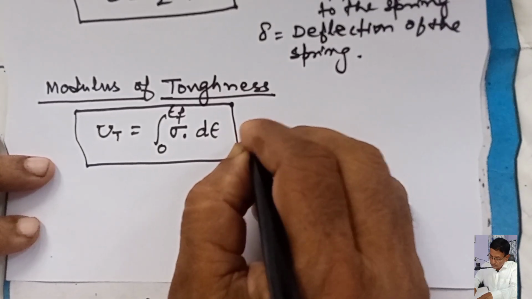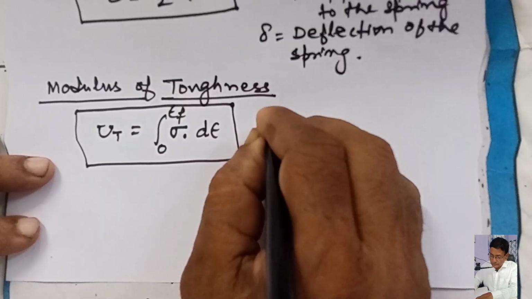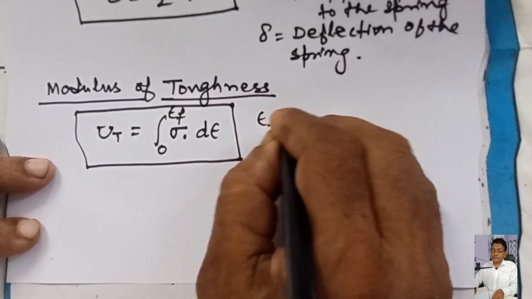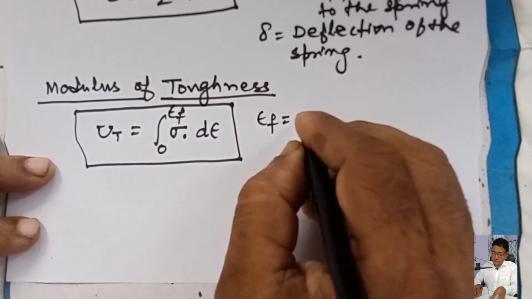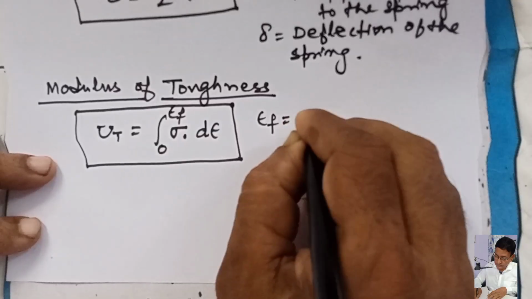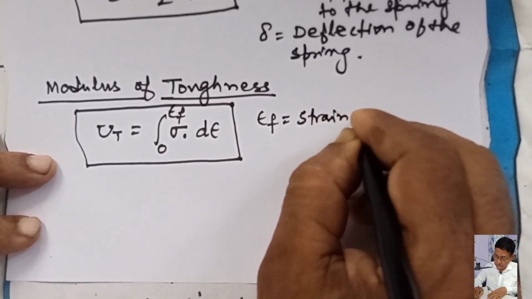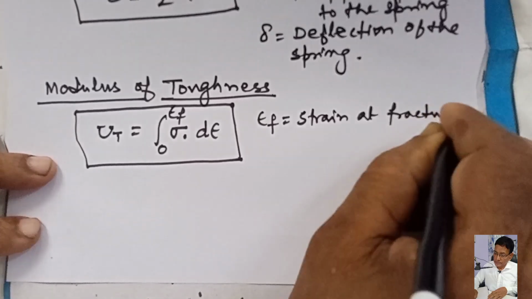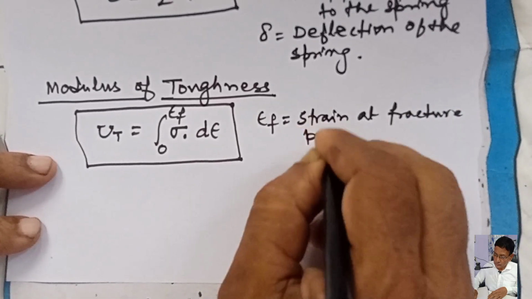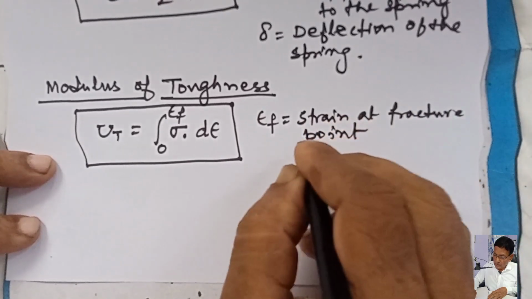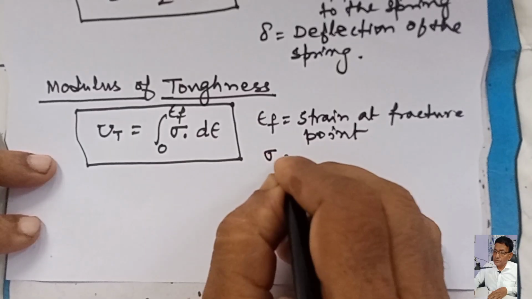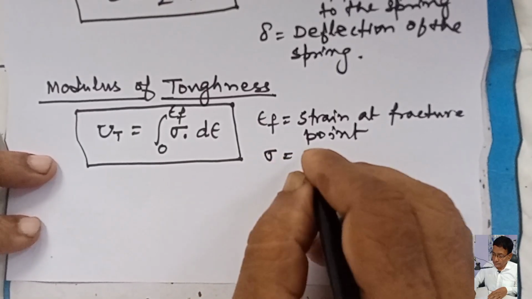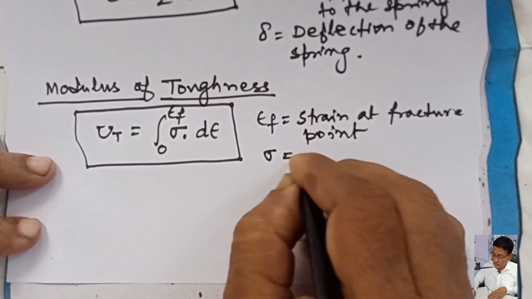Here epsilon fracture is strain at fracture point, and sigma is equal to stress at fracture point.